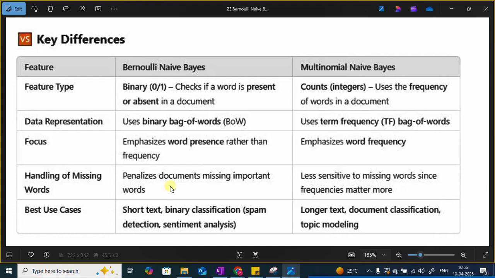Because if the word is present and my model predicts not present, that is wrong, since not present means output zero, but as it is present I expect the output to be one. But multinomial is less sensitive to a missing word, since presence alone does not matter, frequency matters a lot. Best use cases for Bernoulli: short text, binary classification, spam detection, sentiment analysis. For multinomial: longer text, document classification, topic modeling. These are the different use cases.